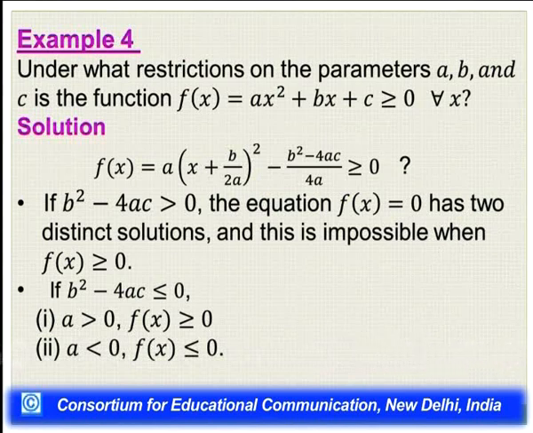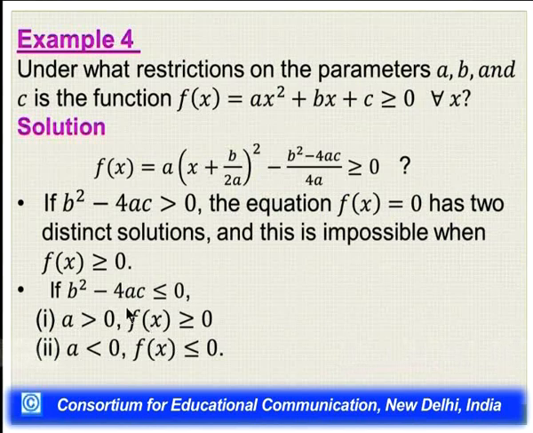This is clearly something which is not going to happen when f of x is always greater than or equal to 0 for all x, because if there are two real roots, there will always be some part of the graph which will lie below the x-axis. For some values of x, the value of the function would be negative.